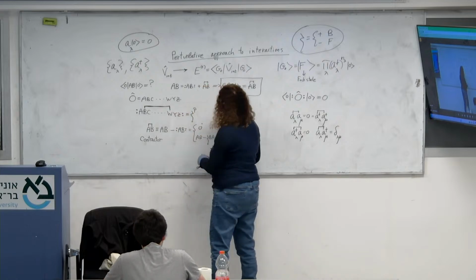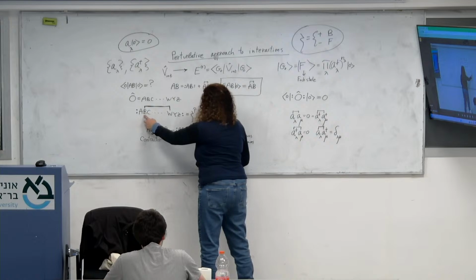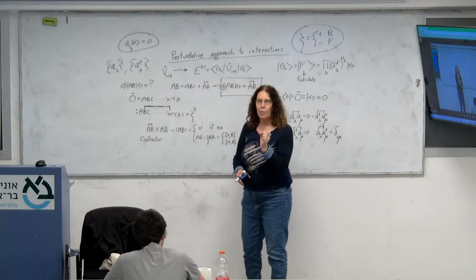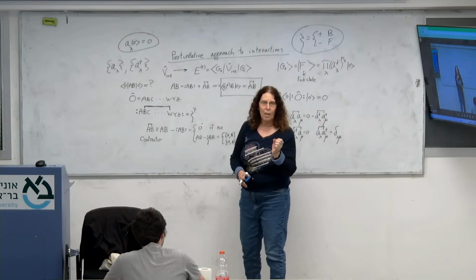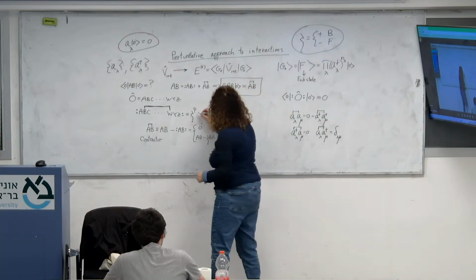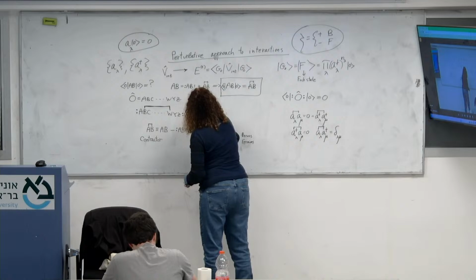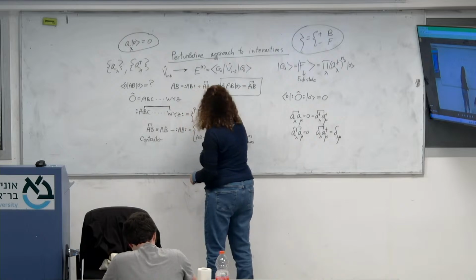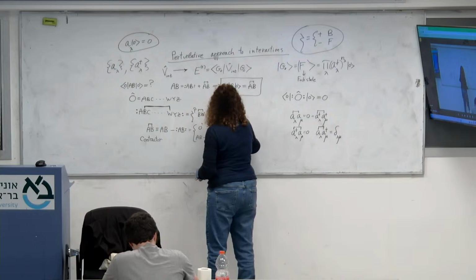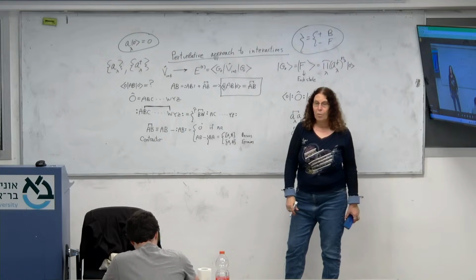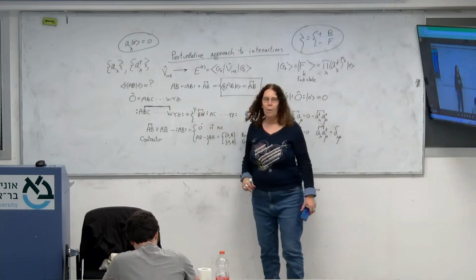After I did it, I got the BW contractor, which is a number. And if it's a number, I can take it outside of the normal ordering. It's just a number prefactor. So let me call it the BW contractor. And all the others I'm leaving. Okay, that's what it means to contract two out of many.